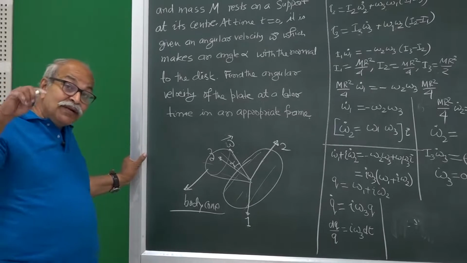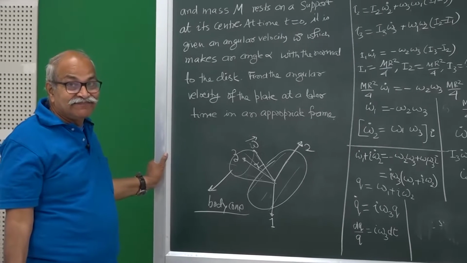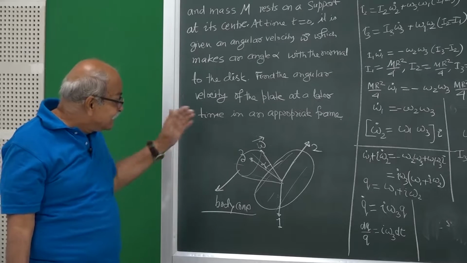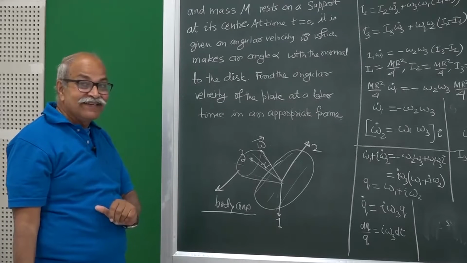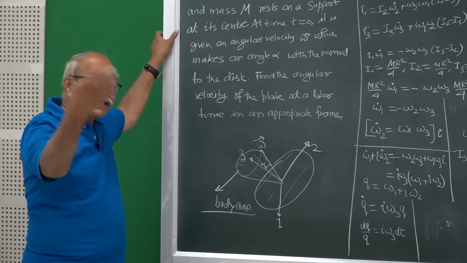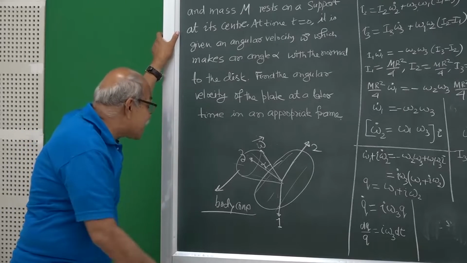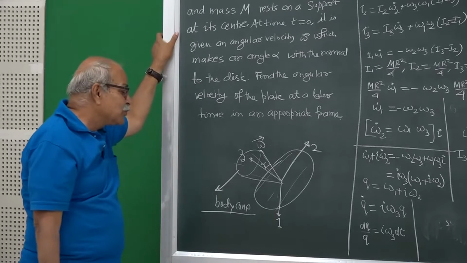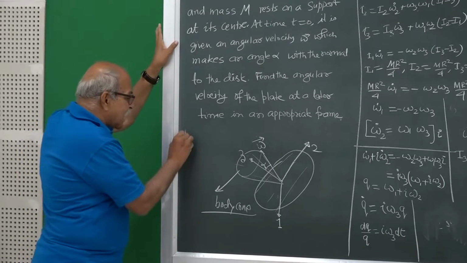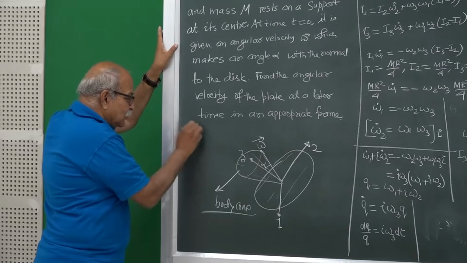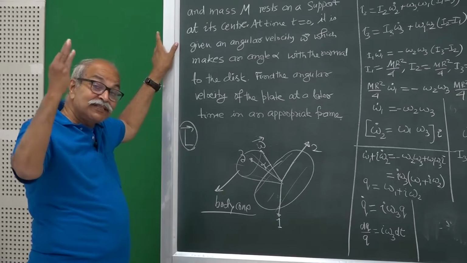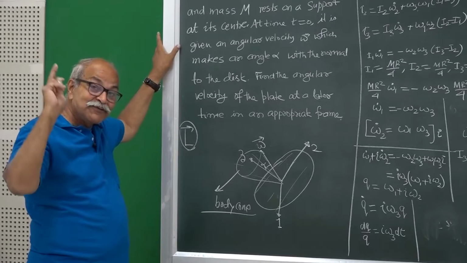But if you go to the lab frame and see what happens there, even this 3 axis is not fixed, it is rotating. And how to get that? I will just give you some hints. You calculate the angular momentum, and that angular momentum is fixed in the inertial frame because there is no torque.